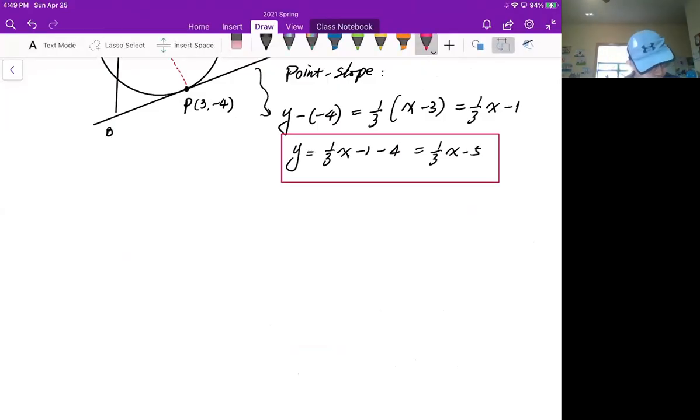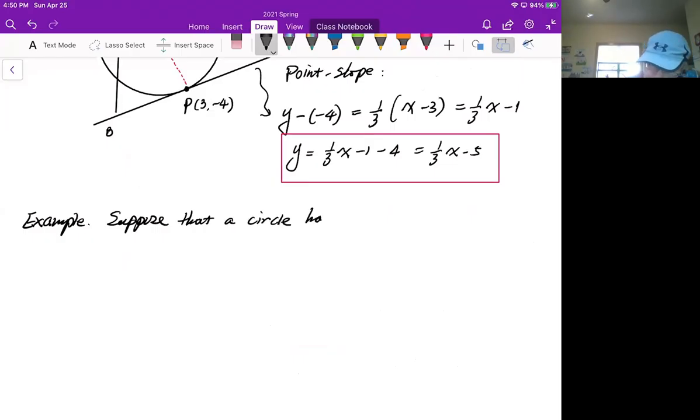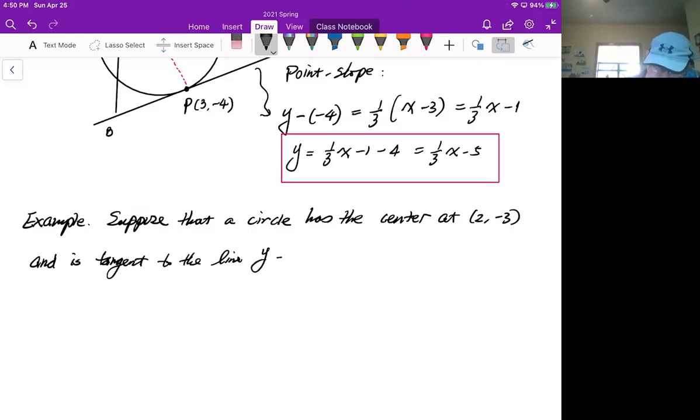Okay. So again, let me write down the question first. Suppose that a circle has the center at (2, -3), and is tangent to the line with equation y = 4x + 1.